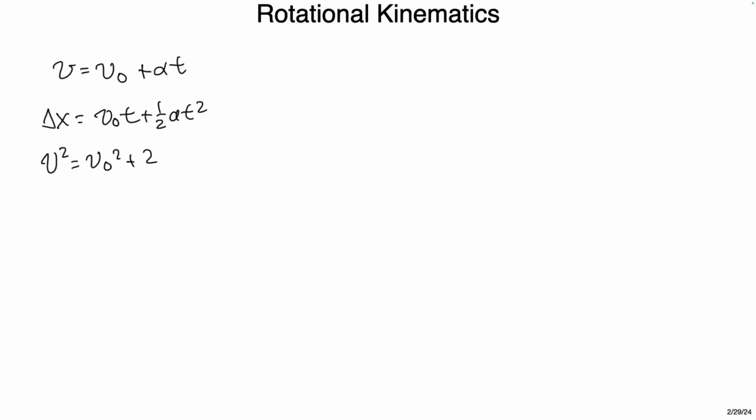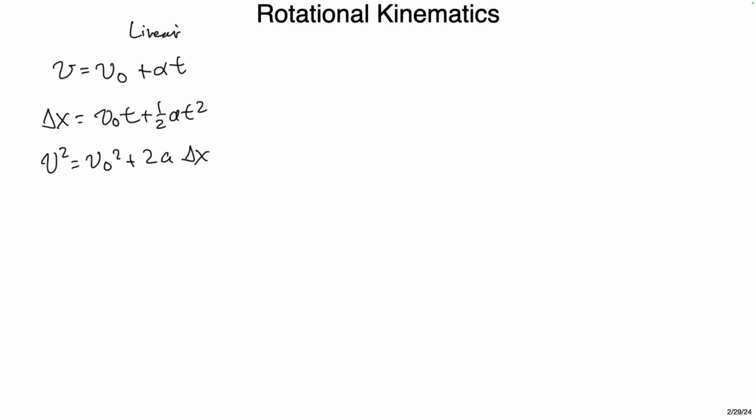We had equations, I think, that looked a little bit like this, didn't they? T plus 1/2 AT squared. V squared equals V naught squared plus 2A. Remember those? Back in the days when you thought physics was hard.